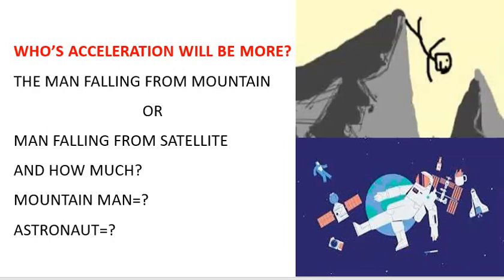Correct. The man falling from the mountain will have more, as the value of g is more. And the man falling from the satellite will have less. Now how much? You have to take the difference and you will get the answer. We move to the next variation.